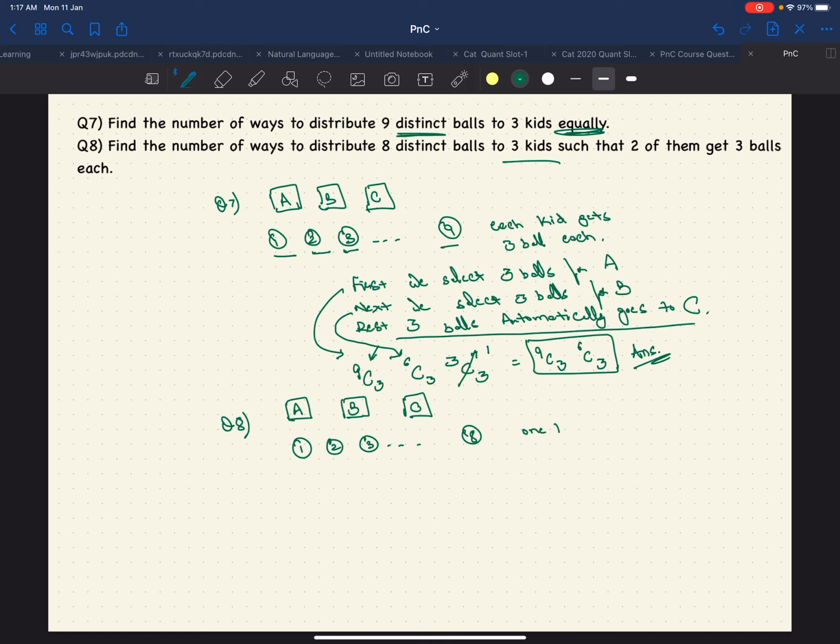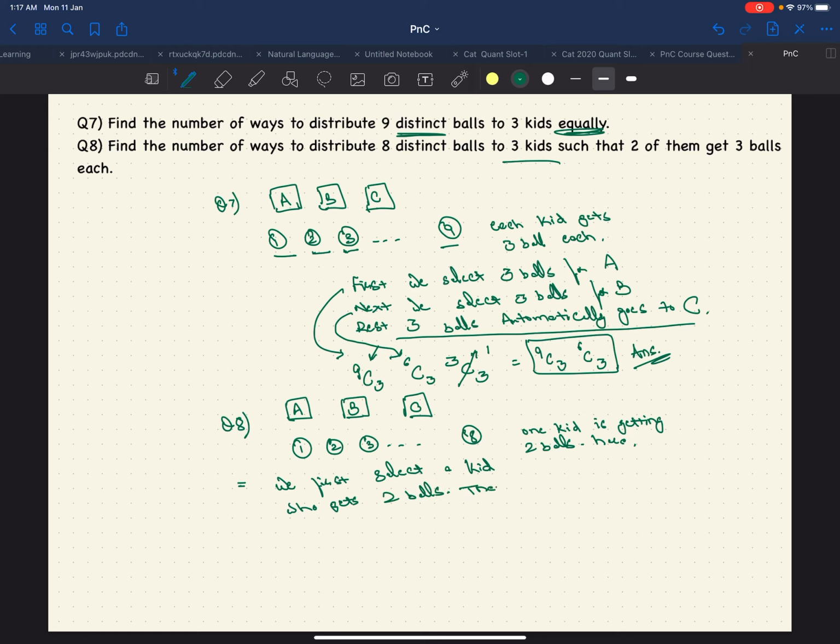Now one kid is getting 2 balls. So how do we compute the total number of ways here to distribute the balls? We first select a kid who gets 2 balls.